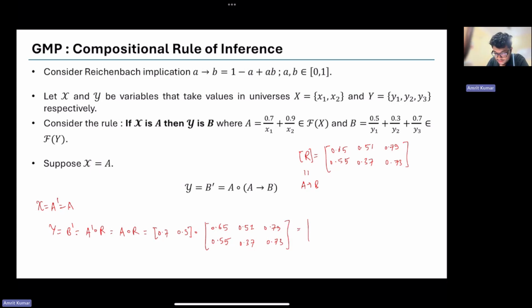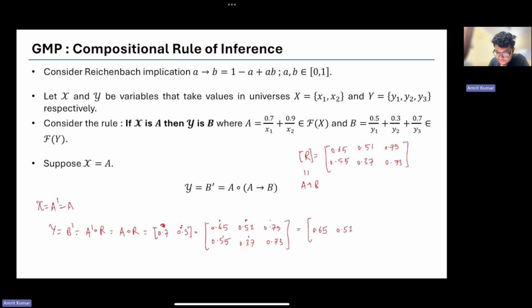If you do that, so maximum of min: the minimum of 0.7 and 0.65 is again 0.65, and the minimum of 0.9 and 0.55 is 0.55. So if you take the maximum, you get 0.65. If you take the minimum of 0.7 and 0.51, you get 0.51, and the minimum of 0.9 and 0.37 is again 0.37. So their maximum is 0.51.